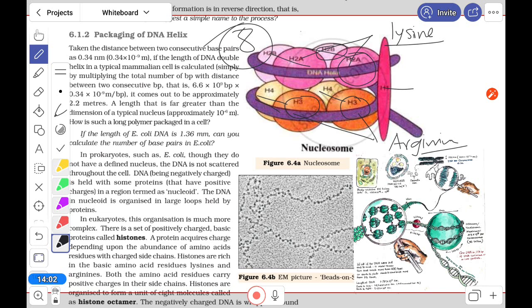So these are the basic amino acids. Both amino acid residues carry positive charges on their side chains, and we know that the DNA is negatively charged because of the phosphate backbone, so there is no problem in wrapping over it. So the DNA helix is wrapped over it, that is the 200 base pair.